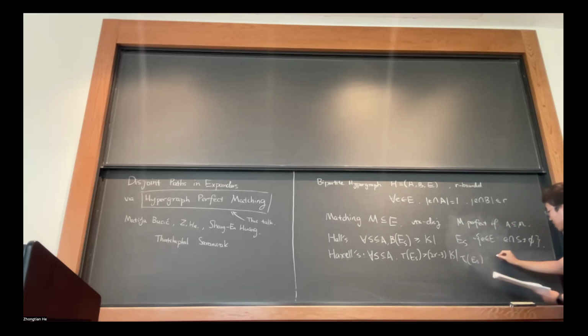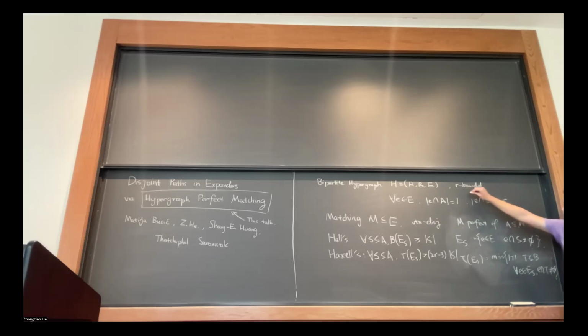It is defined as the minimum cardinality of a subset of vertices in B such that you hit every edge in E_S. So for any edge in E_S, it is hit by some vertex from the subset. Sorry, two questions. That's the same r as the r which is bounding the size of the edges? Yeah.